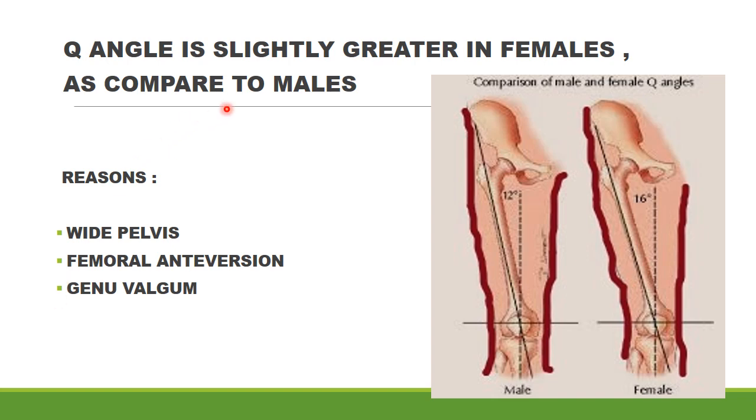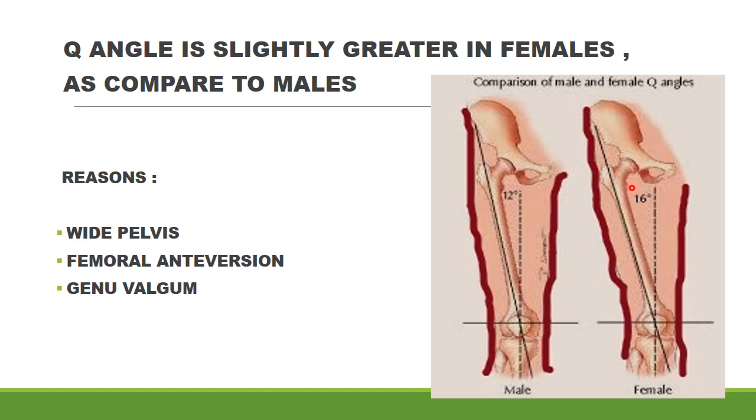The Q angle is slightly greater in females as compared to males. The first reason is that females have a wide pelvis. Their pelvis is wide and oblique in shape, and a wider pelvis gives rise to greater Q angles. Then the femoral anteversion angle: the angle the femoral neck forms with the femoral shaft is called the femoral anteversion angle.